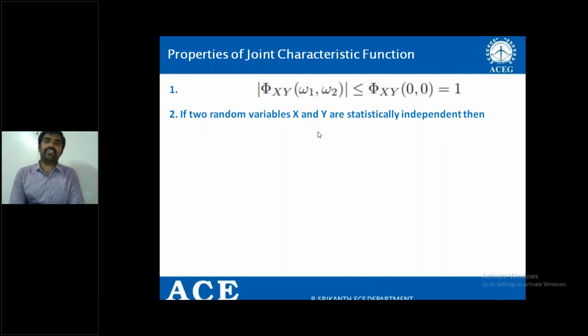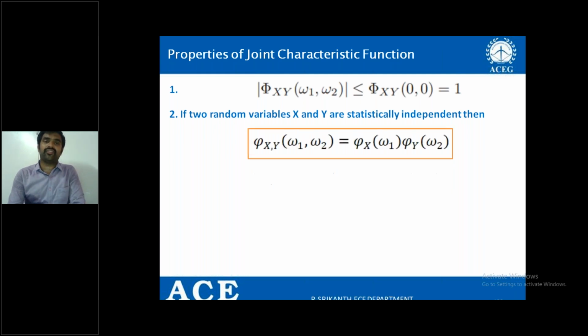That is the condition for statistical independence. If any two random variables are statistically independent, then the joint characteristic function phi xy of omega 1 comma omega 2 equals the product of the individual characteristic functions of x and y, that is phi x of omega 1 into phi y of omega 2.